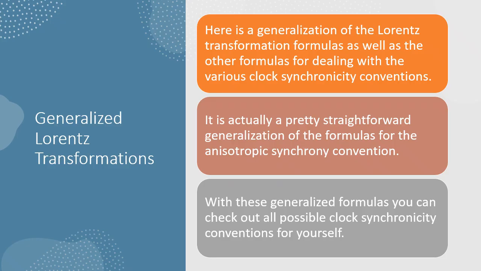Here is a generalization of the Lorentz transformation formulas as well as the other formulas for dealing with the various clock synchrony conventions. There is actually a pretty straightforward generalization of the formulas for the anisotropic synchrony convention. With these generalized formulas, you can check out all possible clock synchrony conventions for yourself.